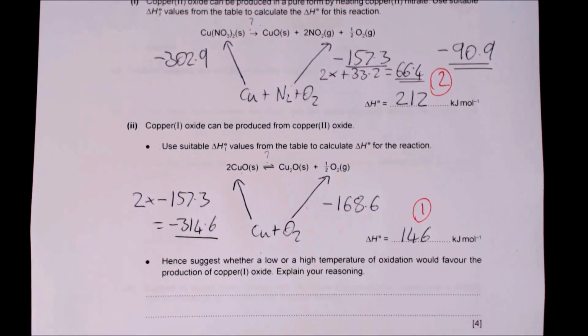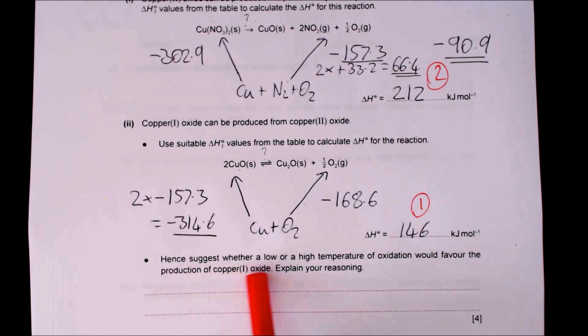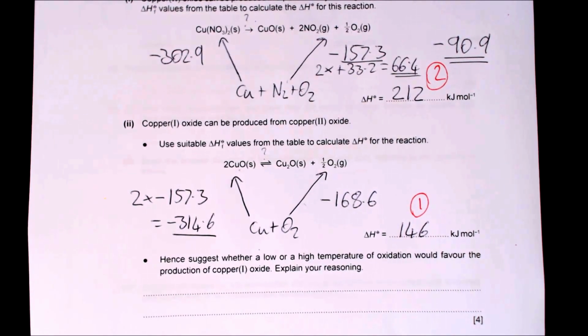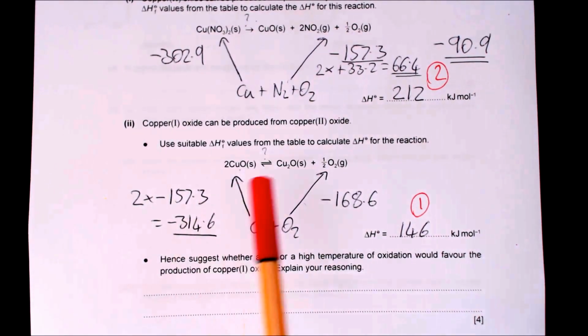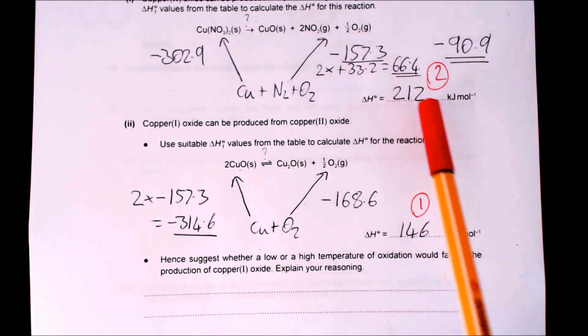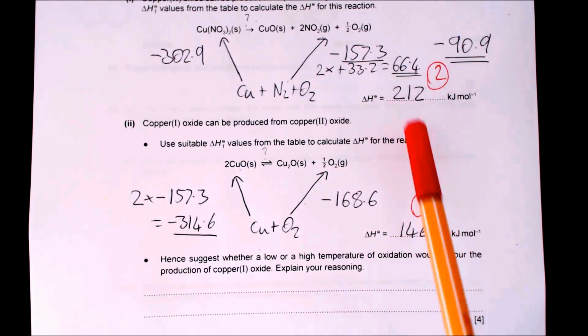Right, and then the last bit here, it says, hence suggest whether a low or high temperature of oxidation would favour the production of copper 1 oxide, and we need to explain our reasoning. Now, this is the formation of copper 1 oxide. So your copper 1 oxide is going to be this one here. Now you can see the formation of both of them, both of these ones here, are actually endothermic.